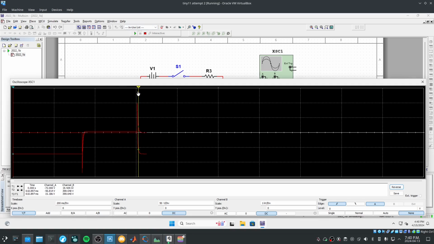So we jump from 4 volts here down to negative 72. That is the correct answer as far as I'm aware. And the current here starts at 2.